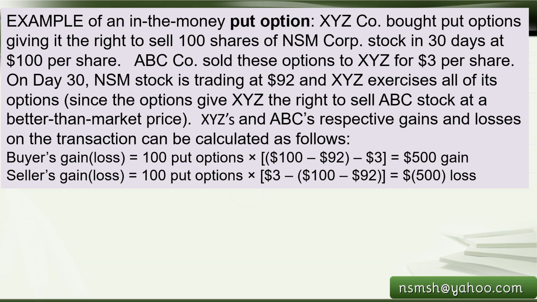The same XYZ company bought put options giving the right to sell 100 shares of NSM Corporation stock in 30 days at $100 per share. ABC company sold these options to XYZ for $3 per share. On day 30, NSM stock is trading at $92. In the previous example it was $105, but now the price is less.